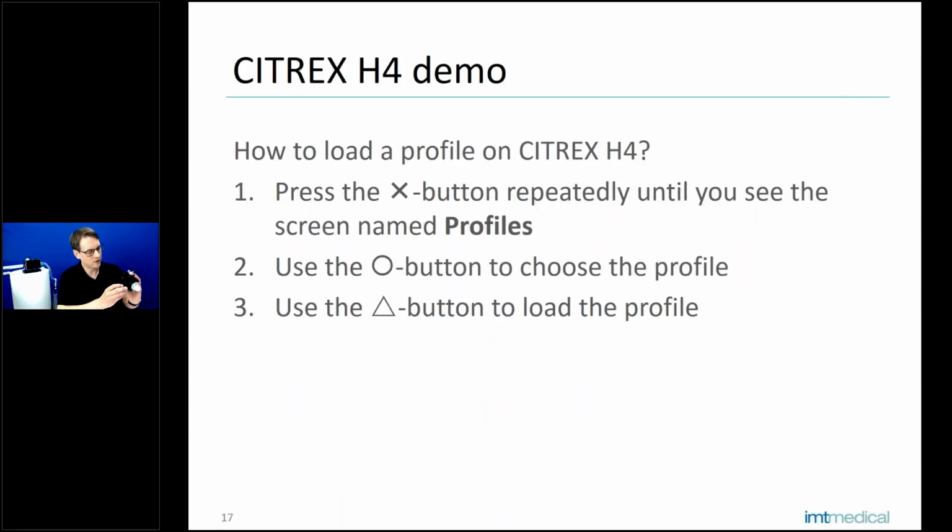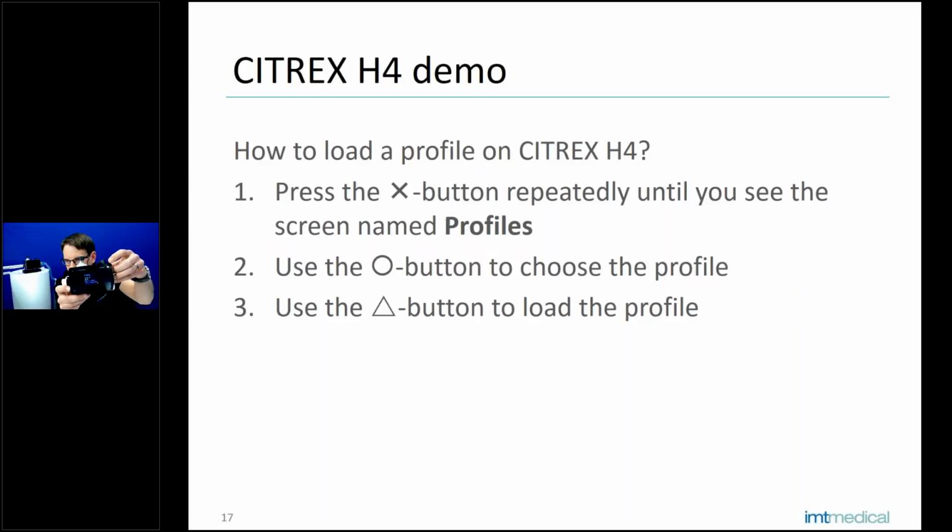Then I can load the profile here in my main menu with the X button. I can navigate through my main menu, and the last point in the main menu is called profiles. By using the circle button up here, I can switch through the different profiles which are on my SD card.